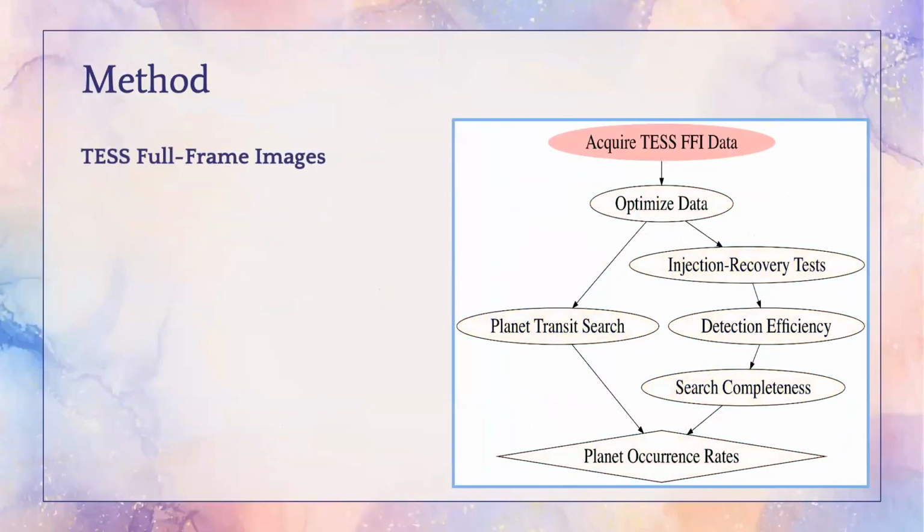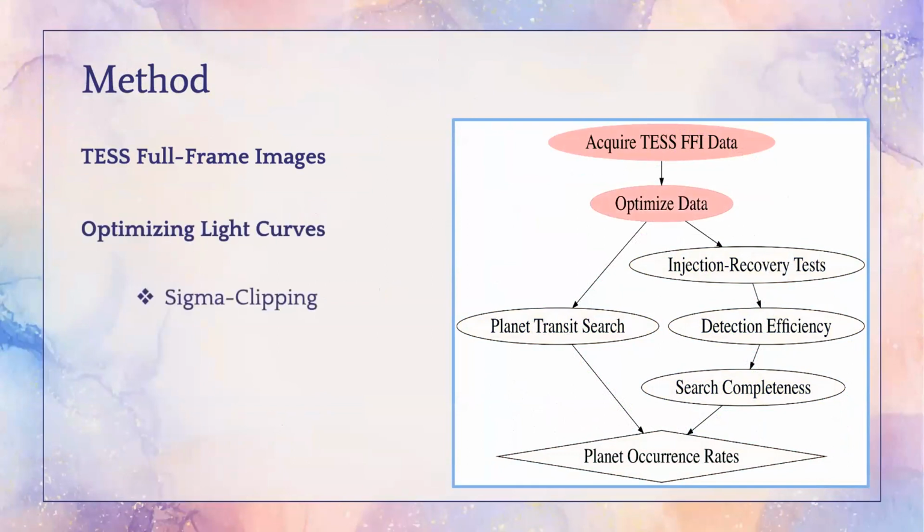So I'll briefly walk you through the methodology and how we get to these occurrence rates. I will try to be brief. But basically what we do is we get these full frame images, and then we optimize the light curves for planet transit searches. So what that looks like is doing some sigma clipping. Sometimes you'll have these peaks at the end of observations, and you need to clip those out. And then we'll also do some detrending.